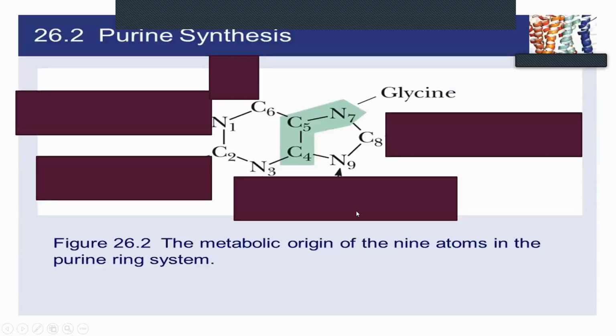Okay, now for the purine synthesis, we have to see the different parts of the purine. See, purine is a double ring structure, yes? So within the double ring structure, which atoms are coming from where, this we have to know. Okay, so for example, you're seeing this double ring structure, the carbon 4, carbon 5, and the nitrogen number 7, they come from glycine.